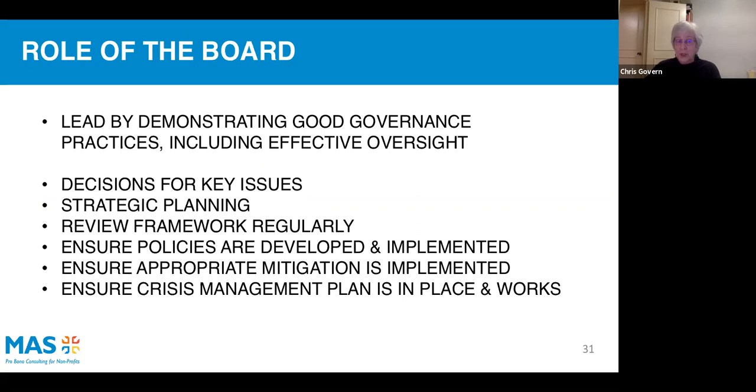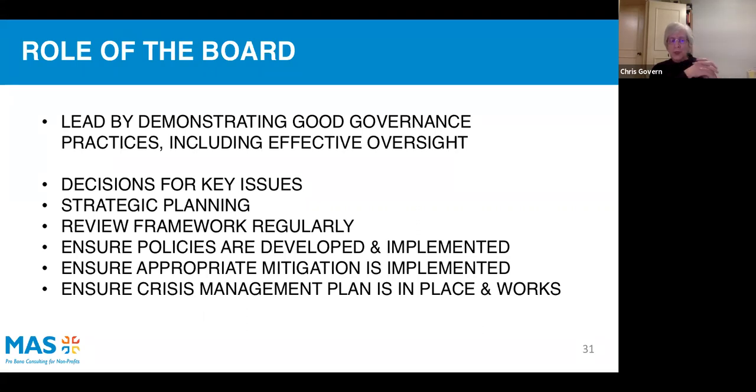Strategic planning is an interesting one to think about, because strategic planning is a way of addressing many of the strategic risks in the organization. You develop a strategic plan in order to take advantage of the strategic opportunities and address the strategic threats. So strategic planning is also part of the role of the board in risk management.